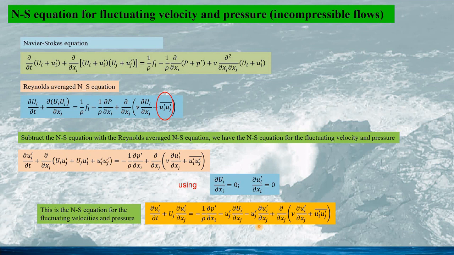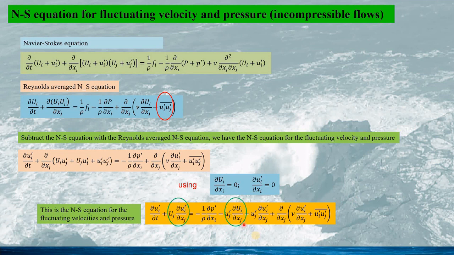Now we can see that for the turbulent flow, the mean variables and the fluctuating variables are actually linked together. Mathematically, for the mean flow, the Reynolds stress tensor, this term from the flow turbulence, is an important influencing factor which changes the flow pattern of the mean flow.